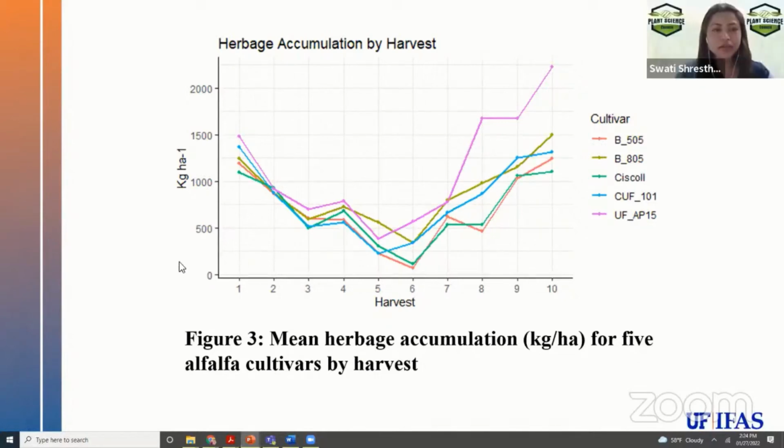Thank you, Anju. There is one more question in chat: can you see this research being able to extend to other forages aside from alfalfa? Yes, there are several forage crops adopting this crop growth model.